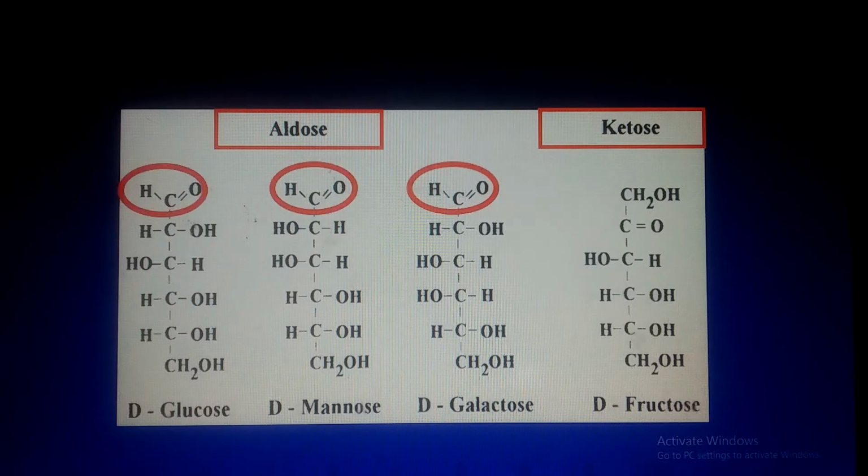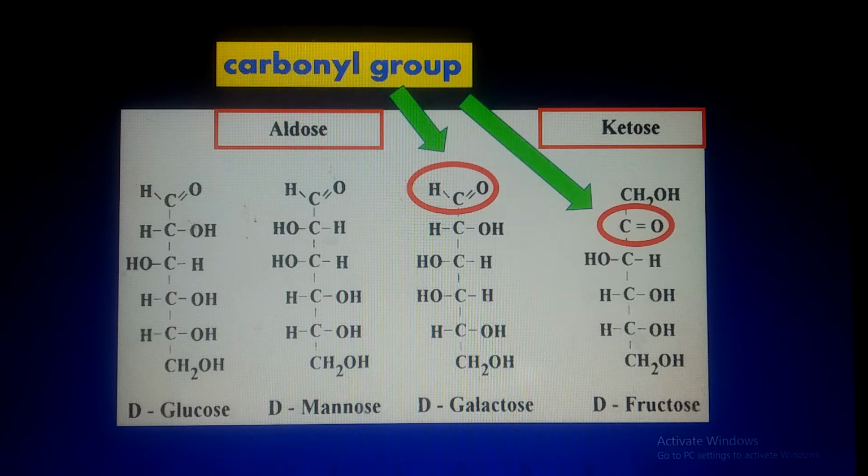Okay. Here you can see different examples: glucose, mannose, galactose, fructose. All these are different types of monosaccharides. Is it clear? All these are the simplest 6 carbon containing monosaccharides, aldoses and ketoses.